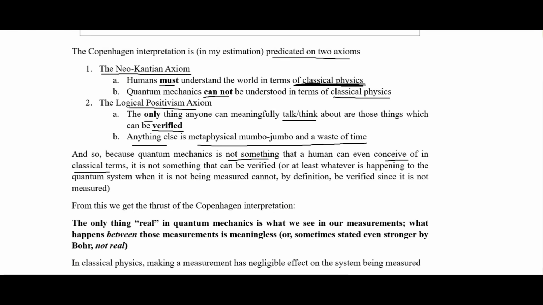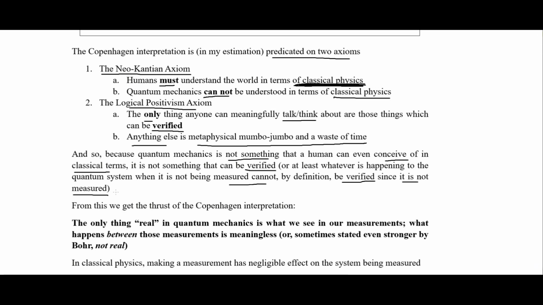Because we can't experience it, it can't be verified. The reason we can't experience it is because it is not classical. So it cannot be verified, or at least whatever is happening to the quantum system when it is not being measured cannot, by definition, be verified since it is not being measured.